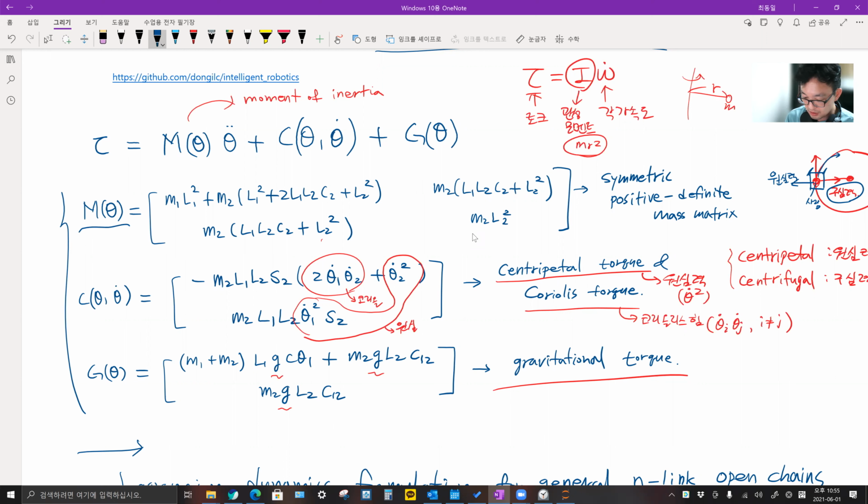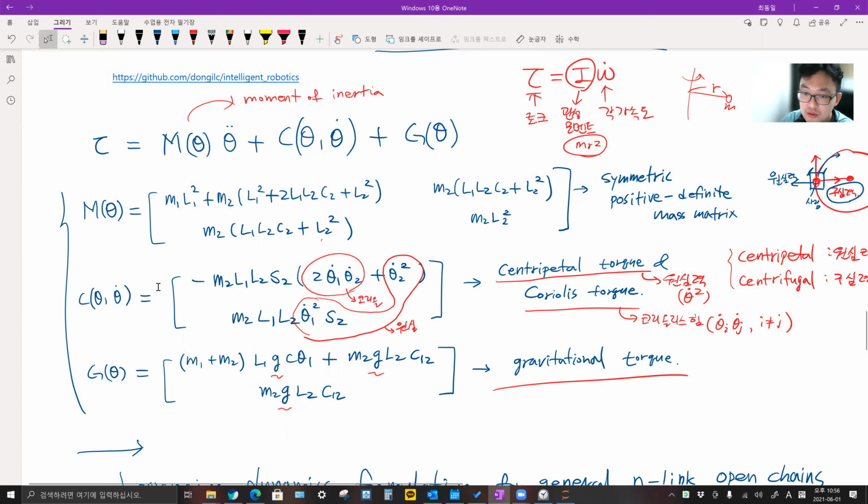This mass matrix is a function of theta. So it means the moment of inertia is changing depending on the theta value, that means the joint position value. In this configuration there is one moment of inertia, and in this configuration there is a different moment of inertia. Because the moment of inertia depends on the position, it is always changing depending on theta.